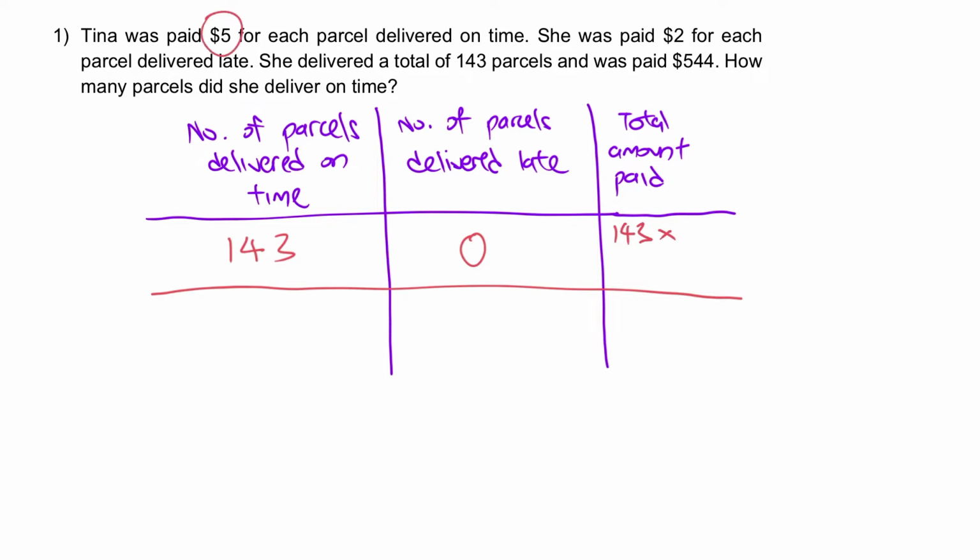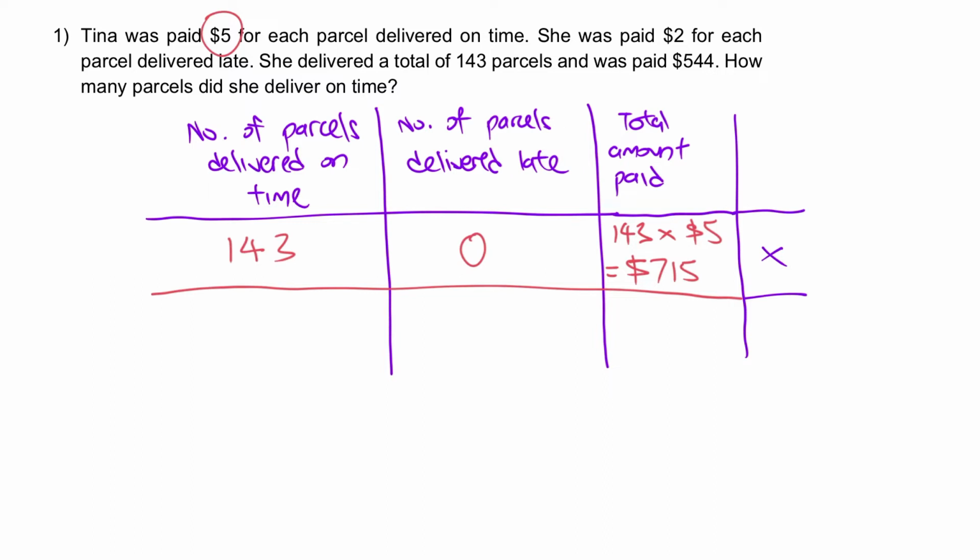For each successful parcel delivered on time, it will be $5. So we're going to multiply it by 5. And she would have earned $715. Which, in this case, we know that it is wrong, because we need to achieve $544.